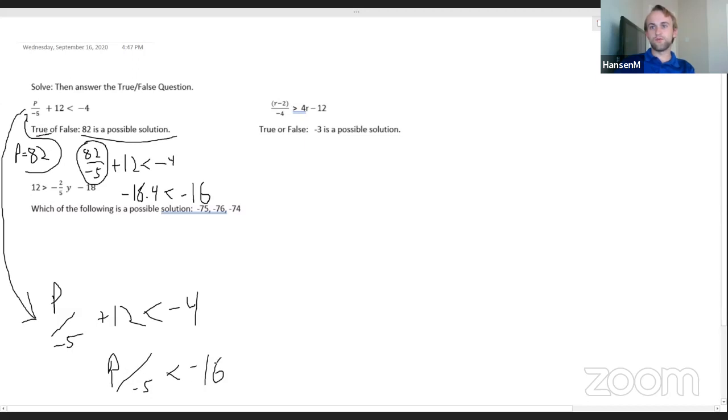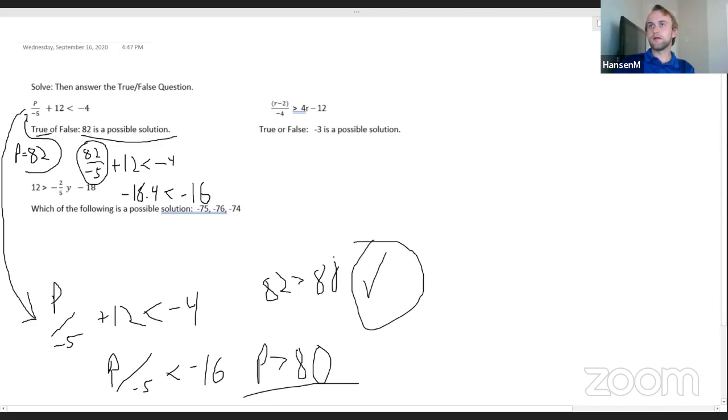And since we're multiplying both sides by a negative number, we flip the sign. So we get that p is greater than 80. Anything bigger than 80 would work. Our question is essentially, is 82 greater than 80? And the answer is yes.